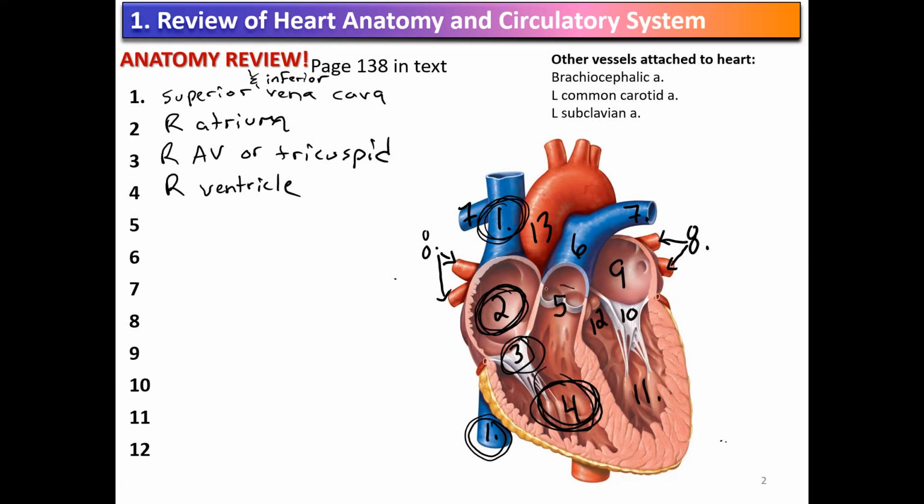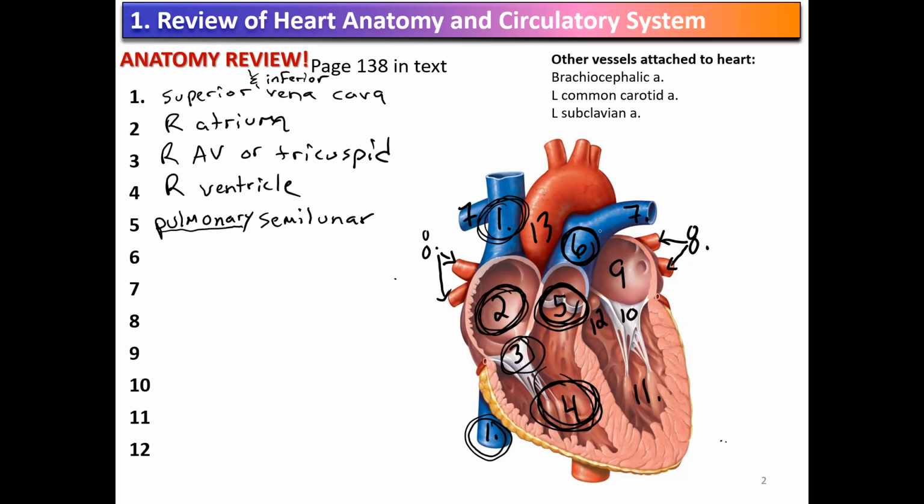Now this valve that separates that right ventricle from this vessel right here, I'll give you a hint. It's a semilunar, that's correct, but it's named after where that blood vessel is going. It has to do with pulmonary. Pulmonary refers to lungs, and that is the pulmonary semilunar valve.